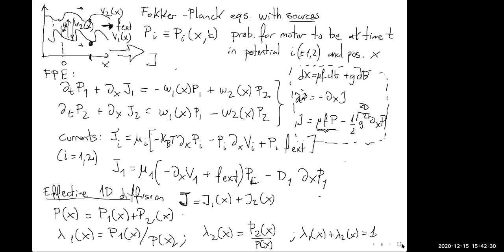After some algebra, the net current is an effective mobility times minus kBT partial x of P, where P is the sum of the two P's, minus the total P partial x of an effective potential, which depends on x, plus the total P external force.